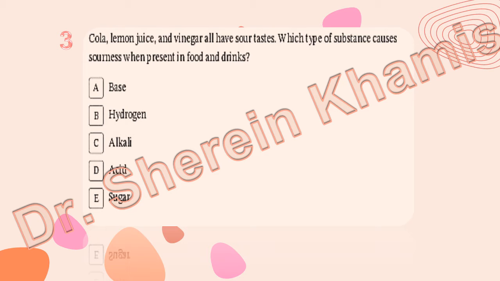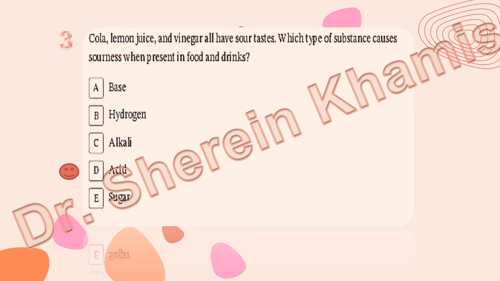We have two tastes that we have discussed: the sour taste and the bitter taste. Sour taste belongs to all the acids, like acetic acid, lemon juice, orange juice, all the juices that have a sour taste. But the bitter taste belongs to all the bases. So the substance that makes the sourness is acid, and the right answer will be letter D.